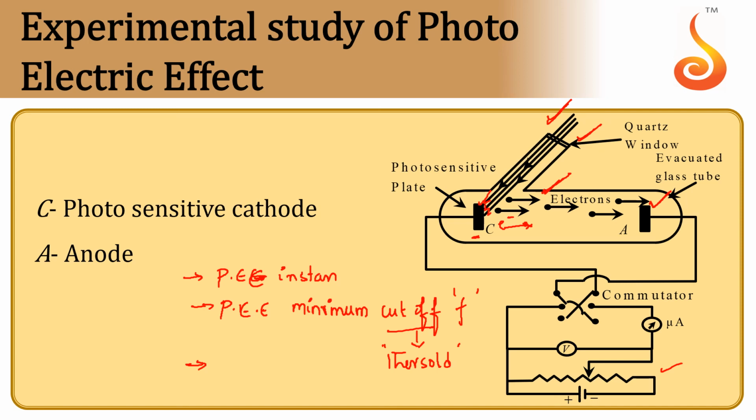That means intensity does not matter if the frequency of light is lower than the threshold frequency of the metal. So these are the three major experimental findings by Lenard and Millikan. So this is all about the experimental study of photoelectric effect.